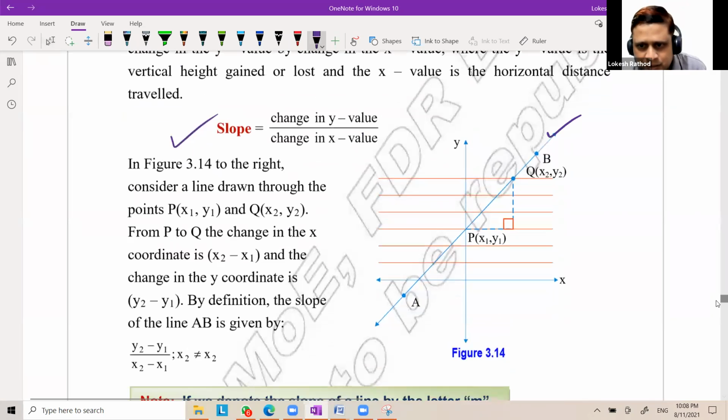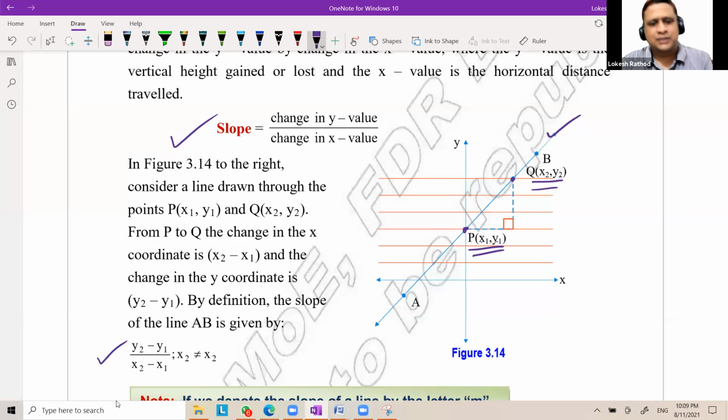They have given the equation of the line. Now, the coordinate of this point is say x1, y1, and the coordinate of this point is say x2, y2. So what is slope? Change in y, that is y2 minus y1, divided by change in x, x2 minus x1. So slope is given by y2 minus y1 over x2 minus x1. Okay, so this is how we find the slope of any particular line.